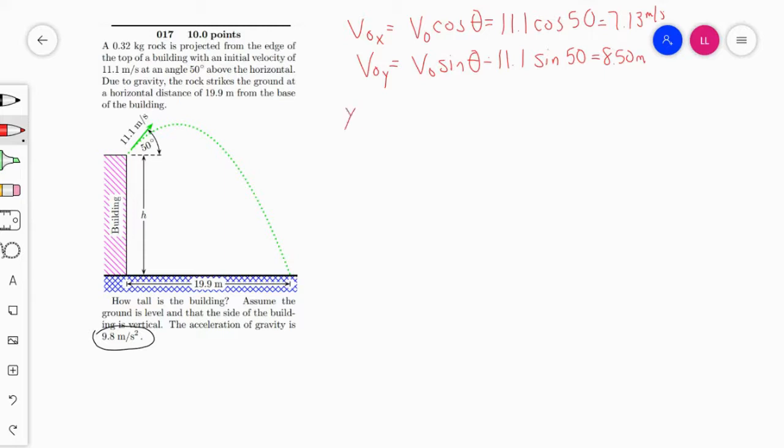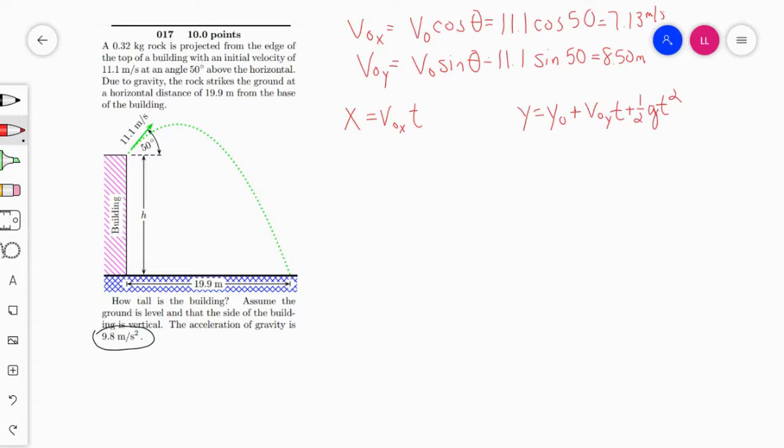So we use our position equation. And remember, it's essentially the same equation. It's just that, remember, in the x direction in projectile motion, your acceleration is 0. Okay. In fact, this is our g value. All right.